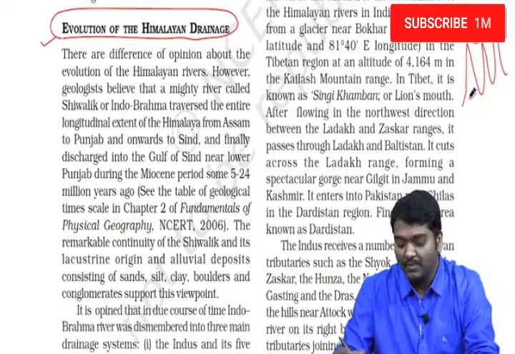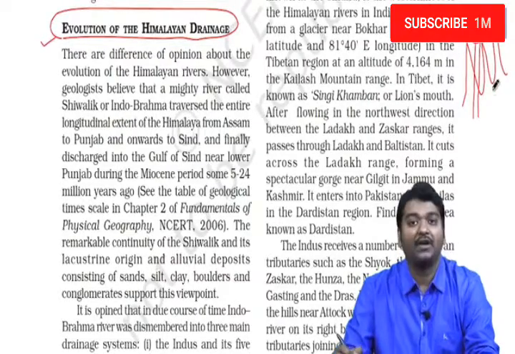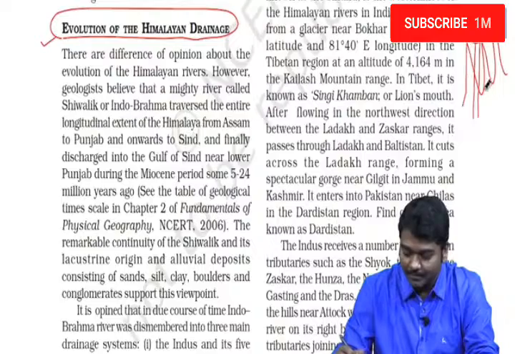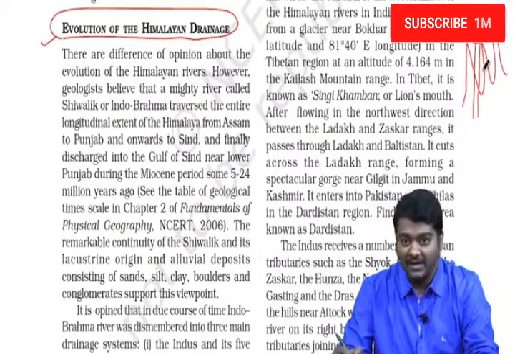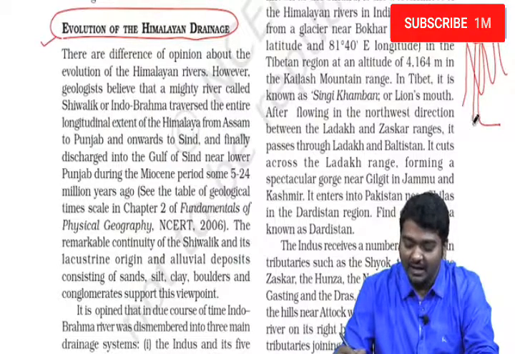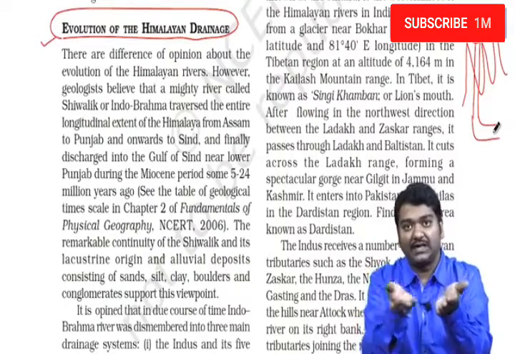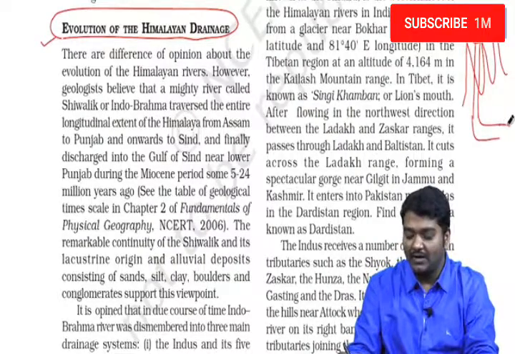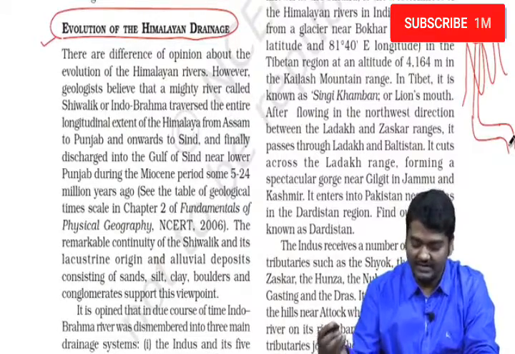Now, because of the Himalayas, the rivers have started moving from Tibet across the Himalayas into the Indian plains, and then once they enter, they go like this, because there is a geosyncline there, and after moving like this, they again turn because of the Malda gap, which we have already seen.